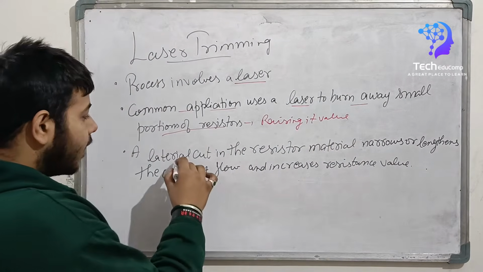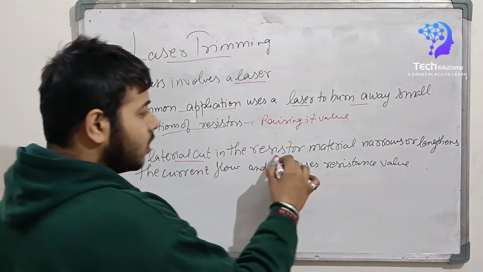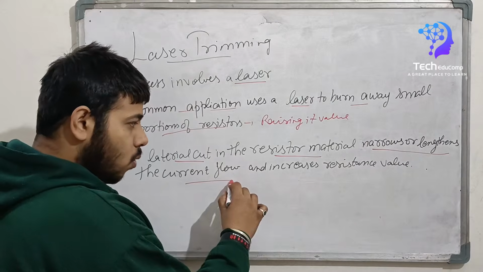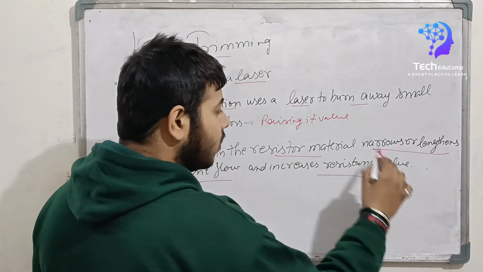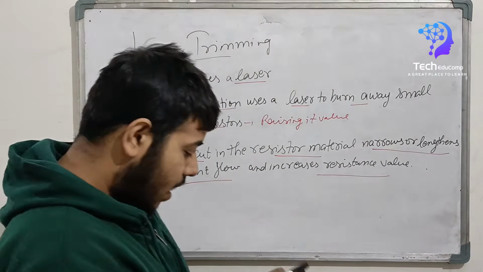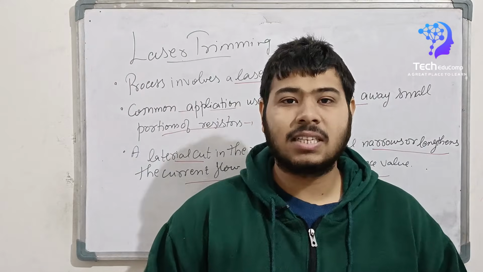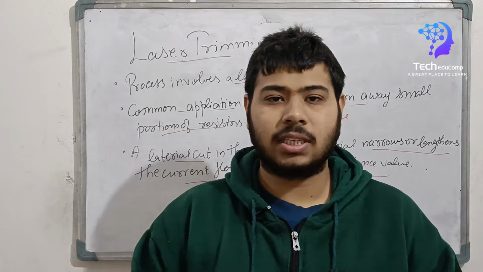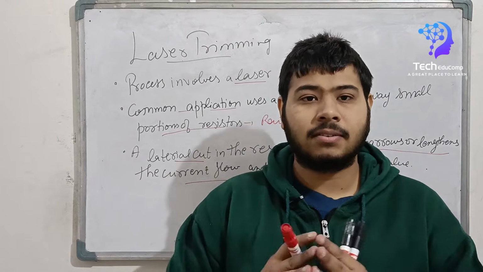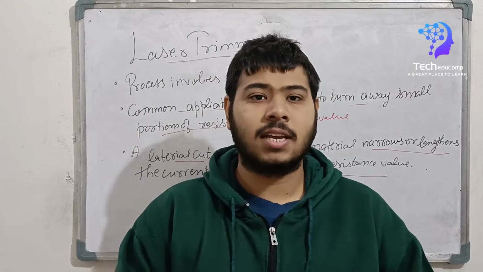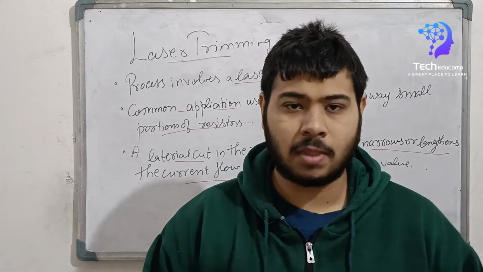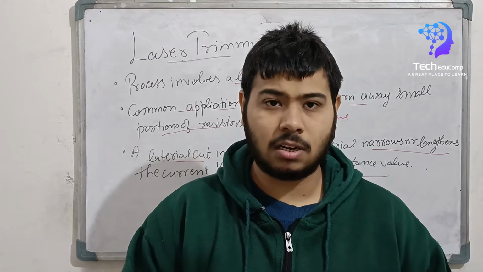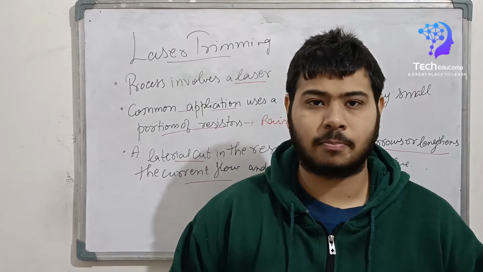Also, a lateral cut in the resistor material narrows or lengthens the current flow and increases the resistance value. SMD resistors are also trimmed using this method, and with this we can also raise their required value. So this was the second trimming method in the designing of resistors.